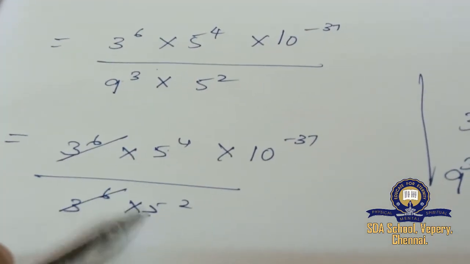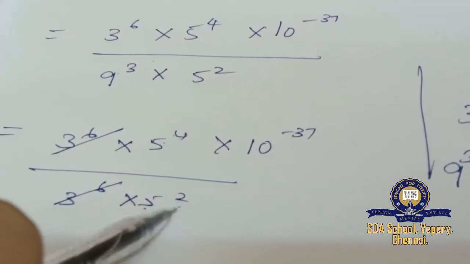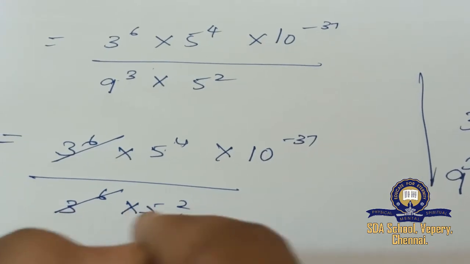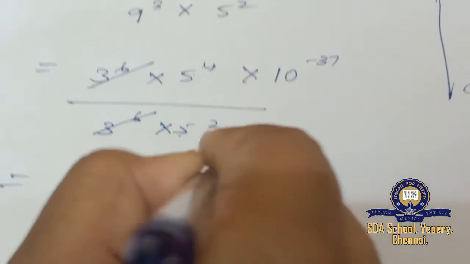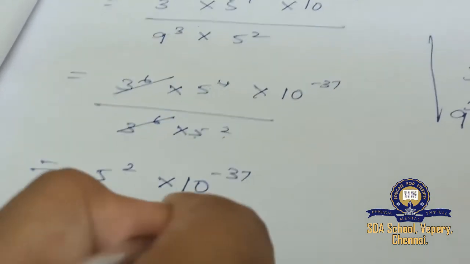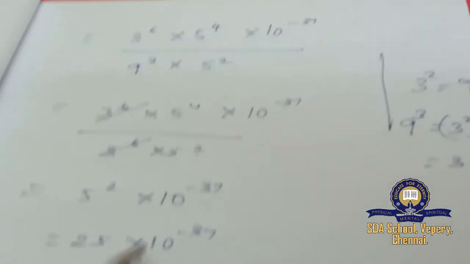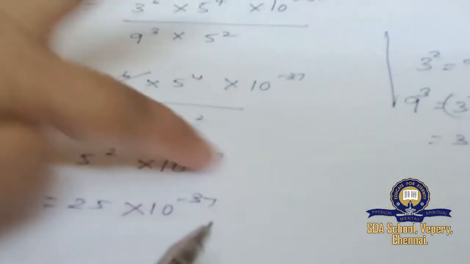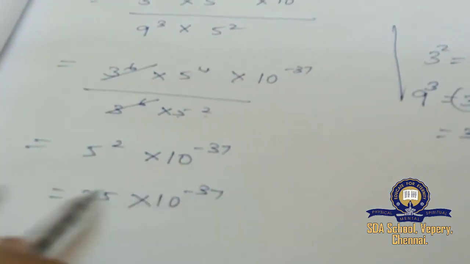I have the same base, so what can I do? 4 minus 2. I will get 5 power 2 into 10 power minus 37, which means 25 into 10 power minus 37. But I cannot just leave it as it is, because this is not in standard form. My standard form should be 2.5.